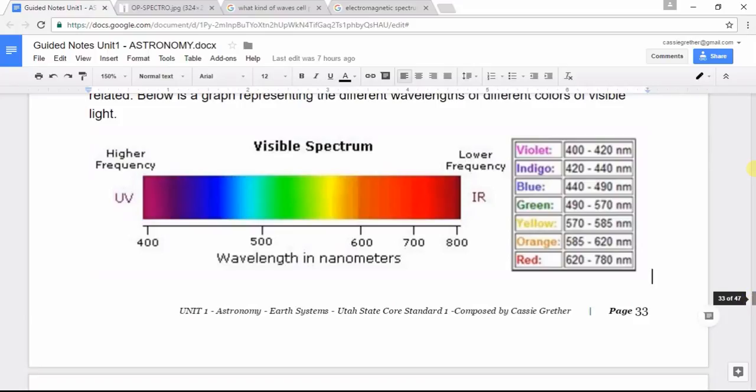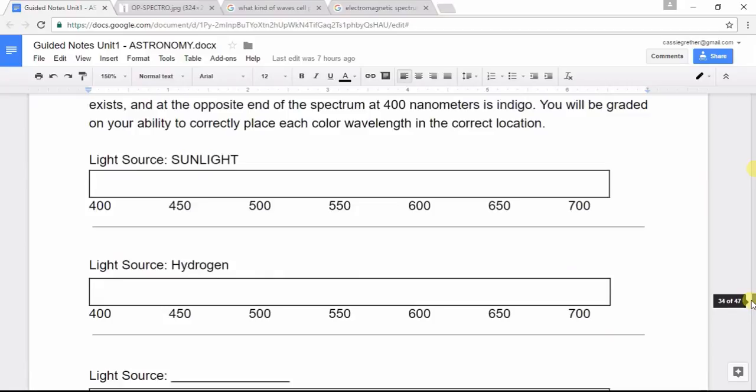I don't know if it's exterior light coming in and bouncing off your glasses, going back in. I don't know what it is, but if you have glasses, you're going to have to play with it a little bit and see if you can get the spectroscope to work with your glasses or just avoid them at all. Now remember, you need sunlight, you need hydrogen, and then you can choose 4 other light bulbs in the room.